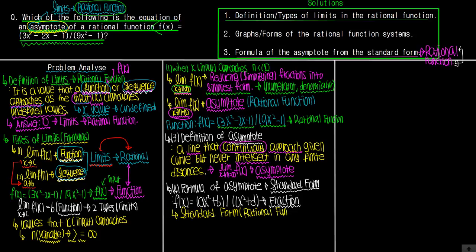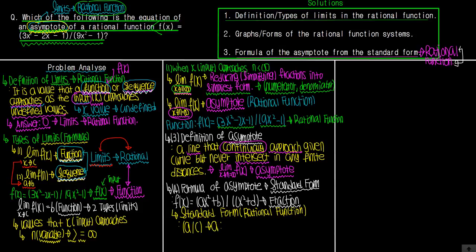And the formula for our asymptote is really easy compared to all of the things that we have to do in order to think about it. The formula for our asymptote is going to be a divided by c. What is the a value?